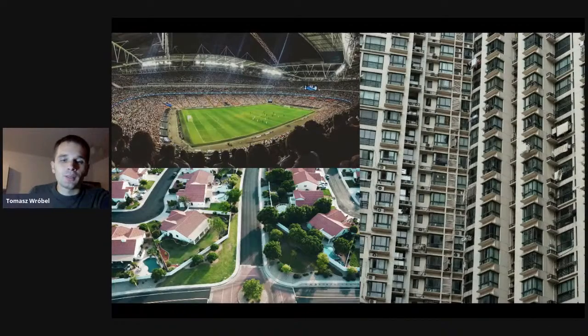Here's a couple images. I think I have already shown them on another webinar from this series, and I tried to show connections from the tenancy models to the construction world.